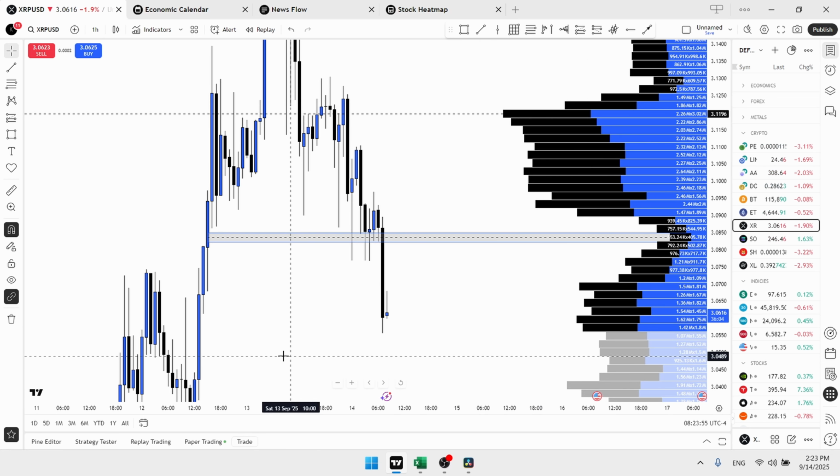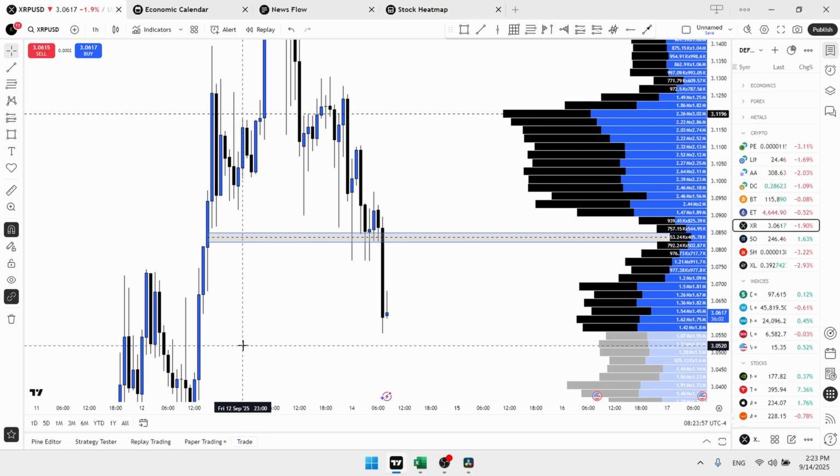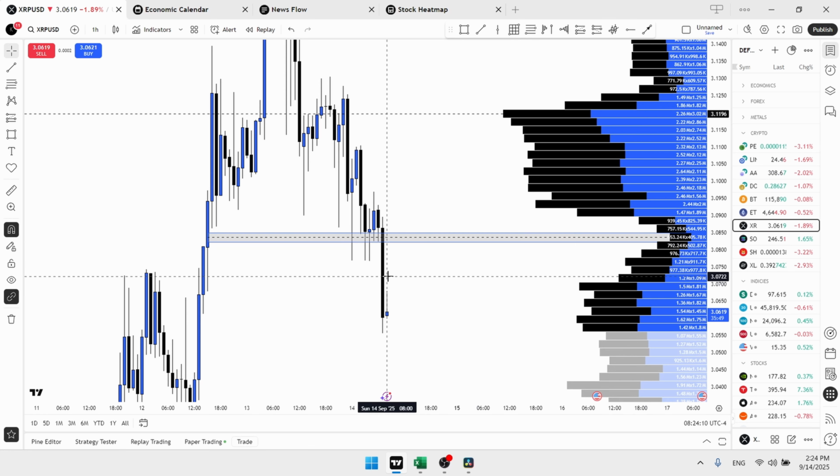So this fair value gap is kind of irrelevant, but here we can see a big lack of orders, where you can also spot a small fair value gap. That means the price will come back to this point where there is a lack of orders to fill more orders, and then maybe go up.